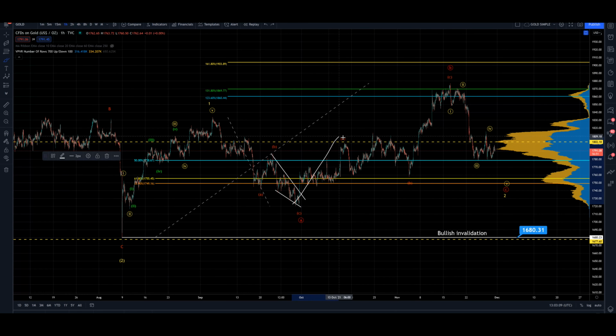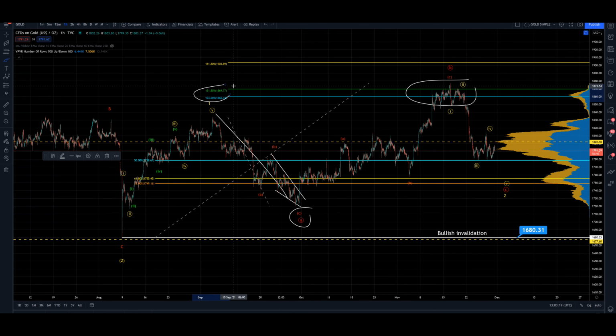So A, B, C. Now what we can see is, if we're saying this is an A wave, the B wave has come straight to target for an expanding B at the 1318 and 123.6, right? A little head and shoulders pattern right around the top of the B wave here. Okay, like that.